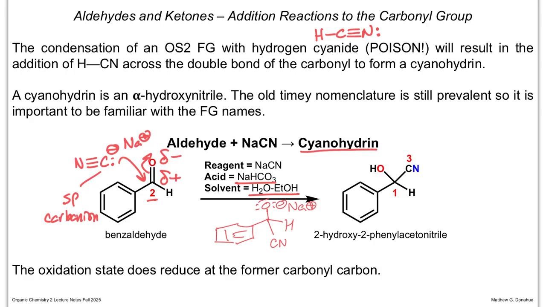The other thing I want to point out, the carbonyl carbon's sp2, it's now going up to sp3. Because that's not the final product, another way to refer to that is a tetrahedral intermediate.